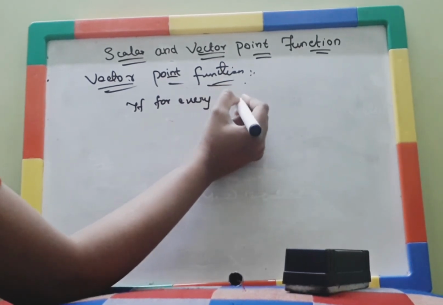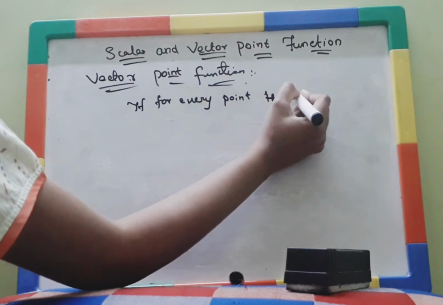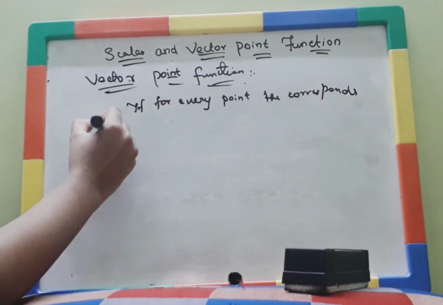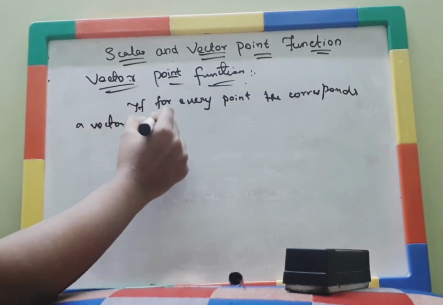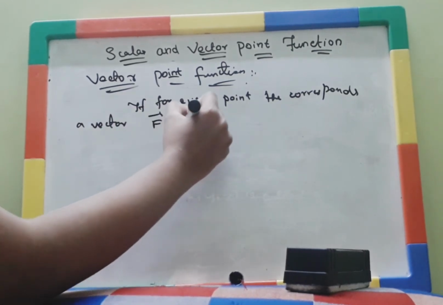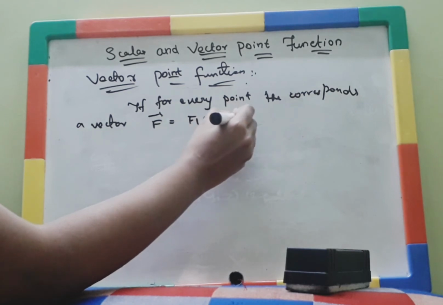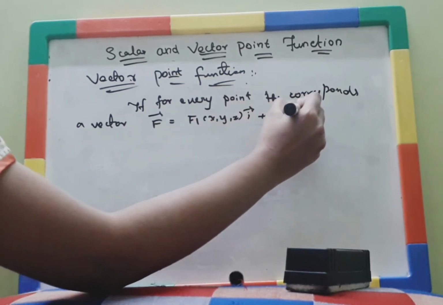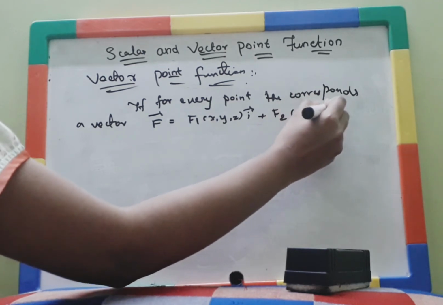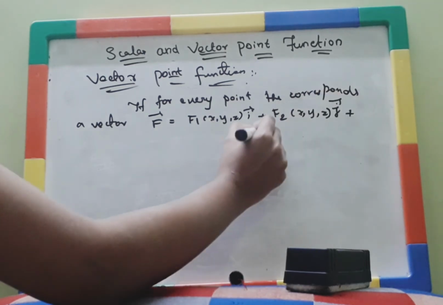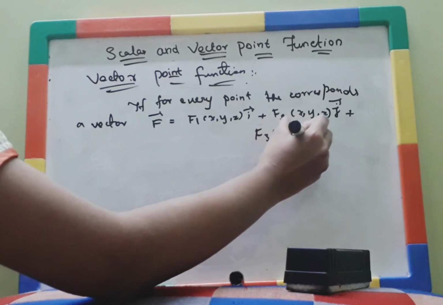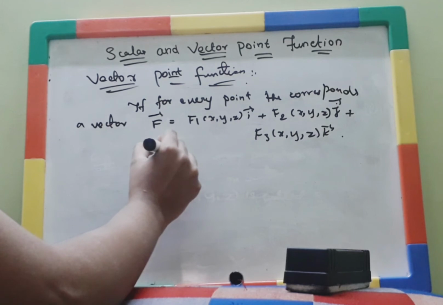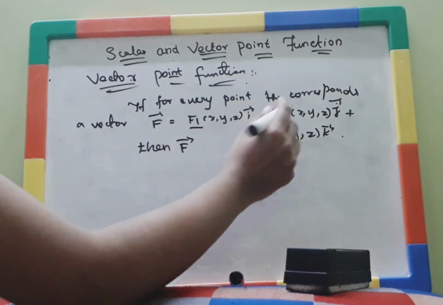Vector point function: if for every point there corresponds a vector, f vector equals f1(x, y, z) i vector plus f2(x, y, z) j vector plus f3(x, y, z) k vector, then f vector is a vector point function.